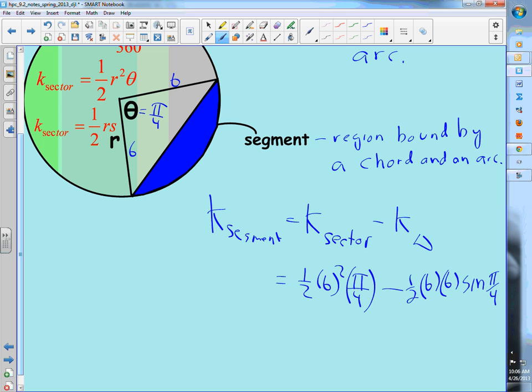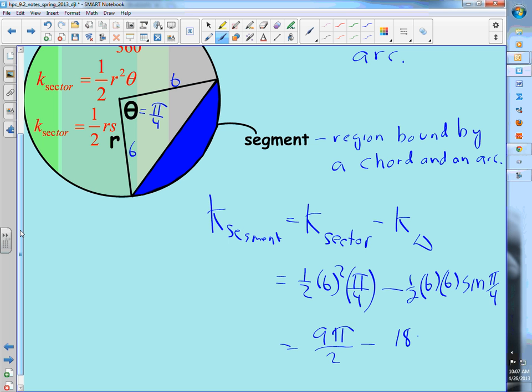Those of you who are trying to convert pi over 4 to degrees, you need to stop doing that. You are doing yourself no favors. So this is 9 pi over 2 minus 18 times, isn't it 18? 3 times 6, 18.